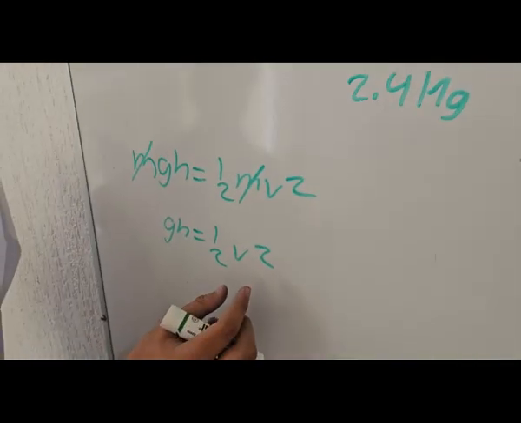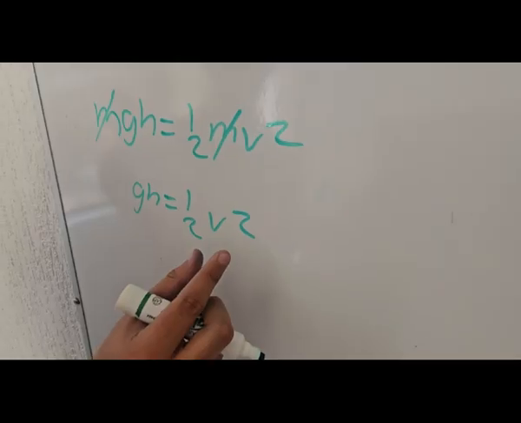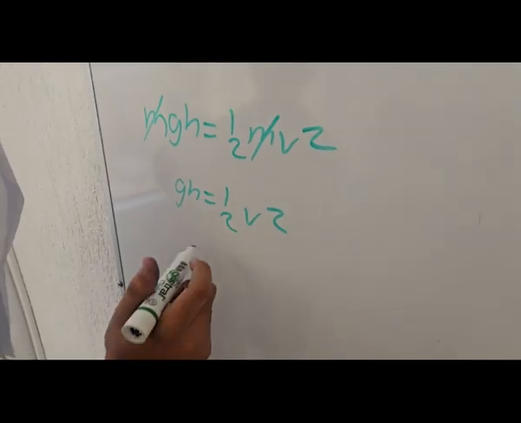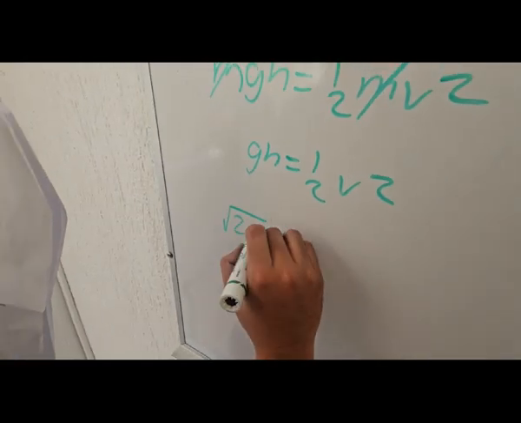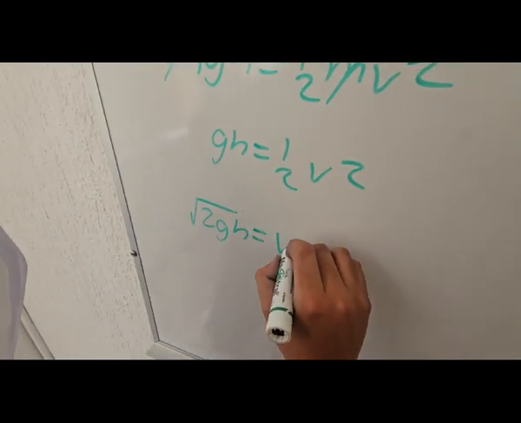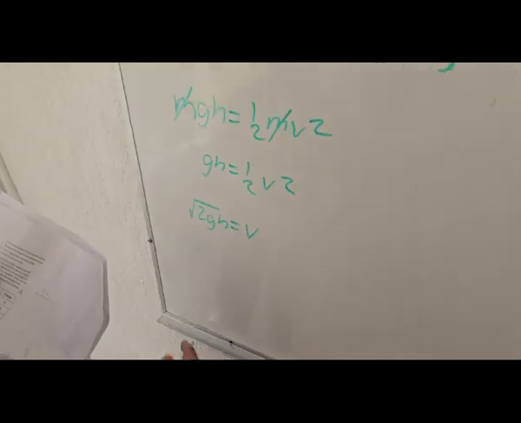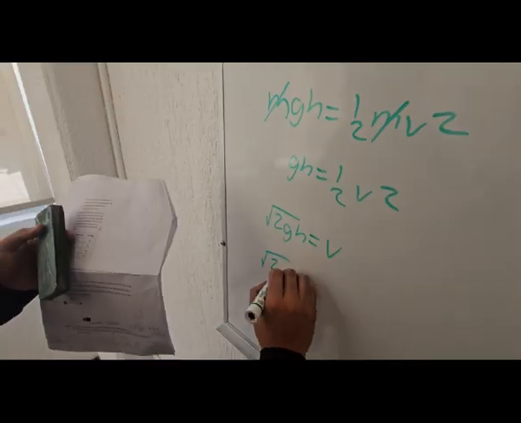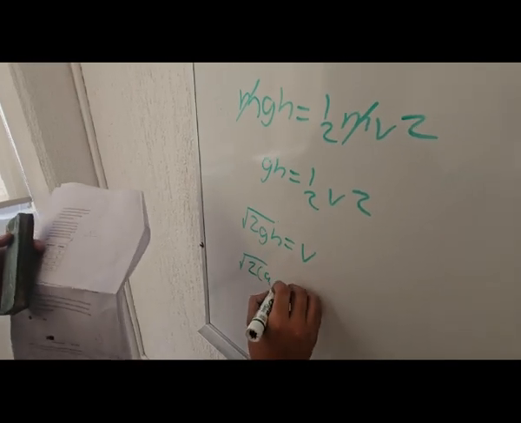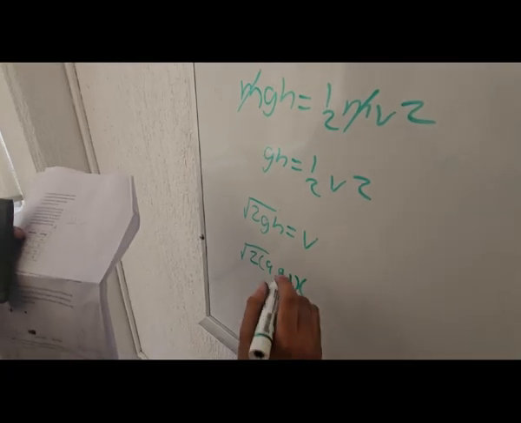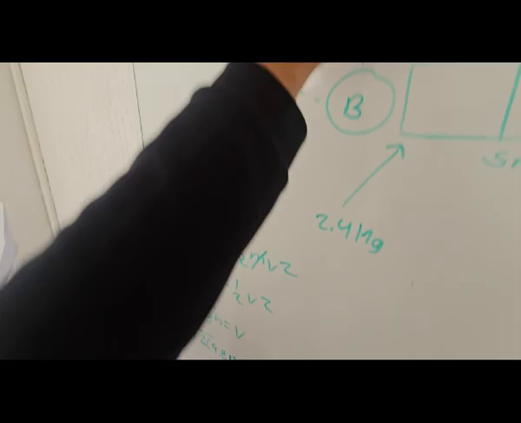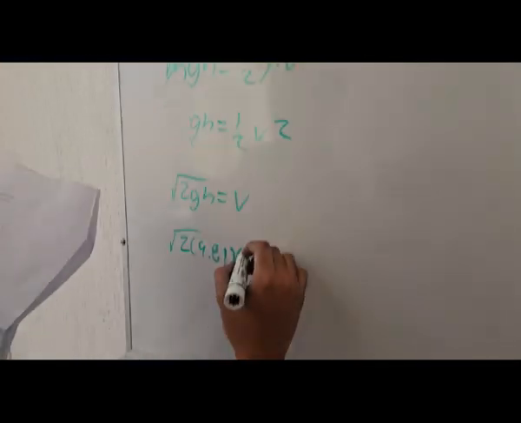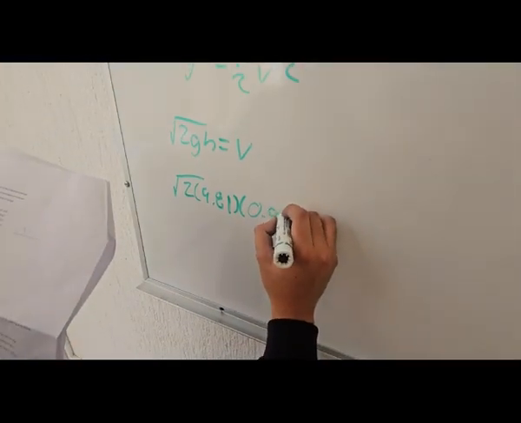Now we solve for velocity as we want this value, and we end up with the root of 2gh equals v. Okay, so now we can put 2 times 9.81 times our height, which is the same as the length of the string, so it's 0.95.